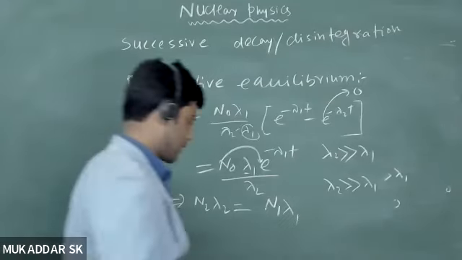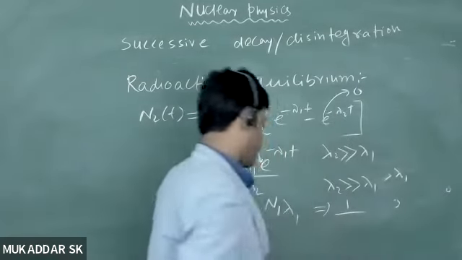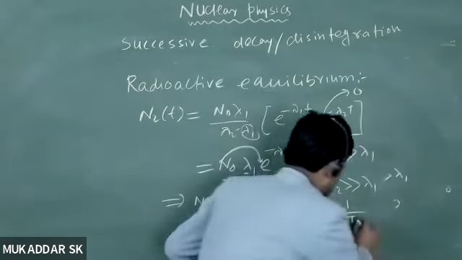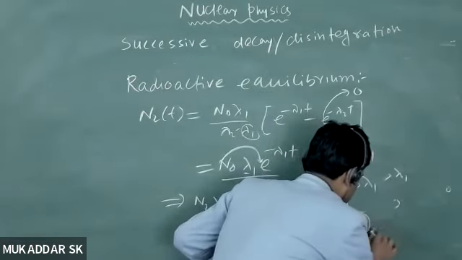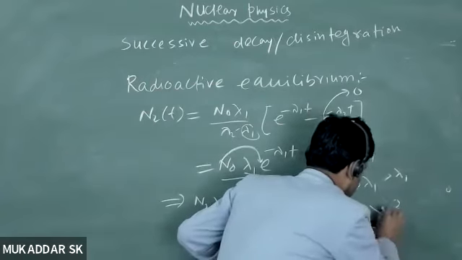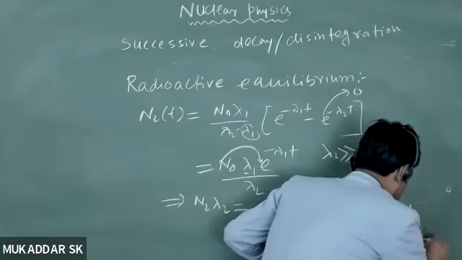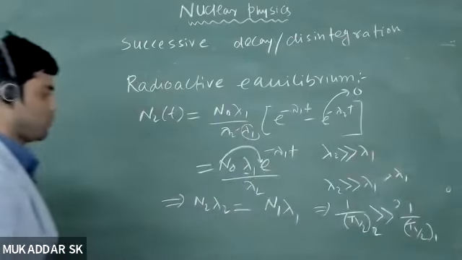So basically I can write, 1 by half life of B nuclei, noted as 2, is much greater than 1 by half life of A nuclei, that is noted as 1.